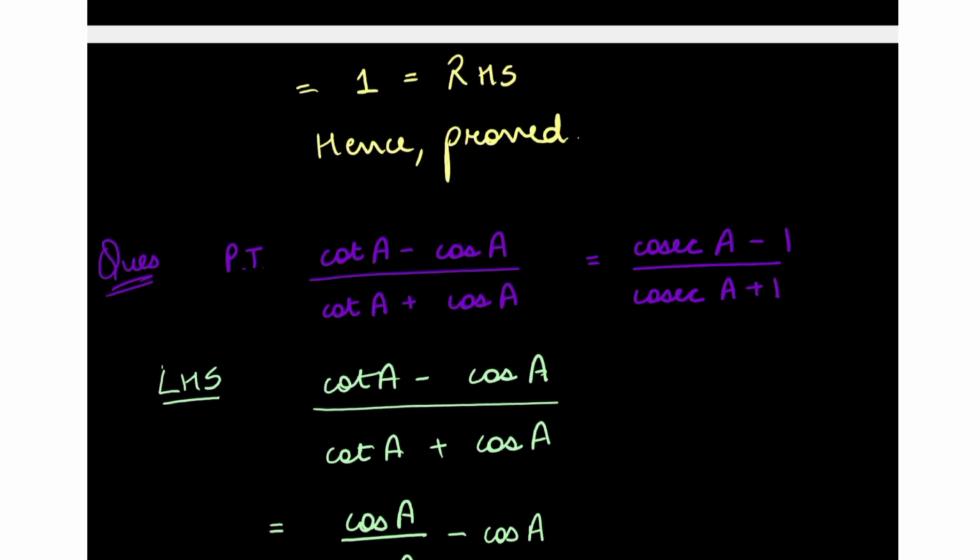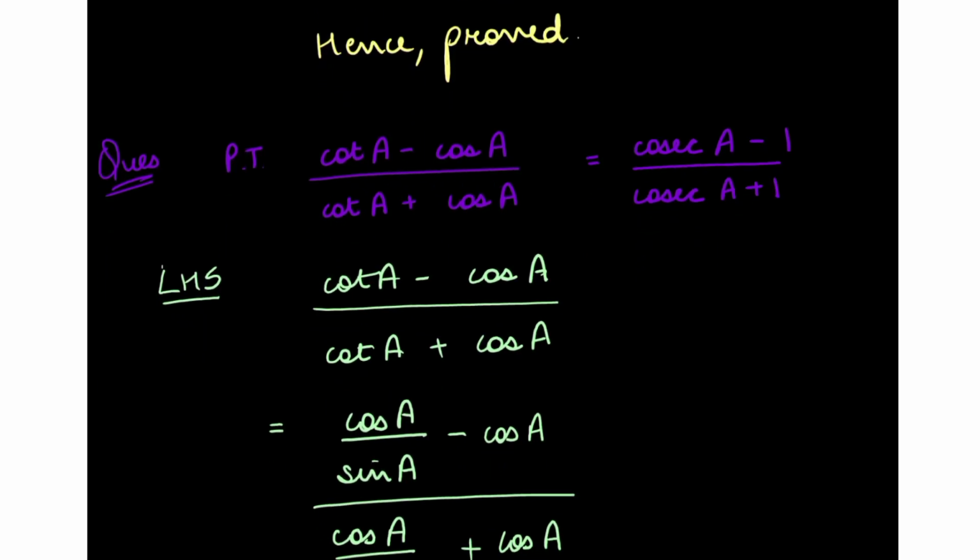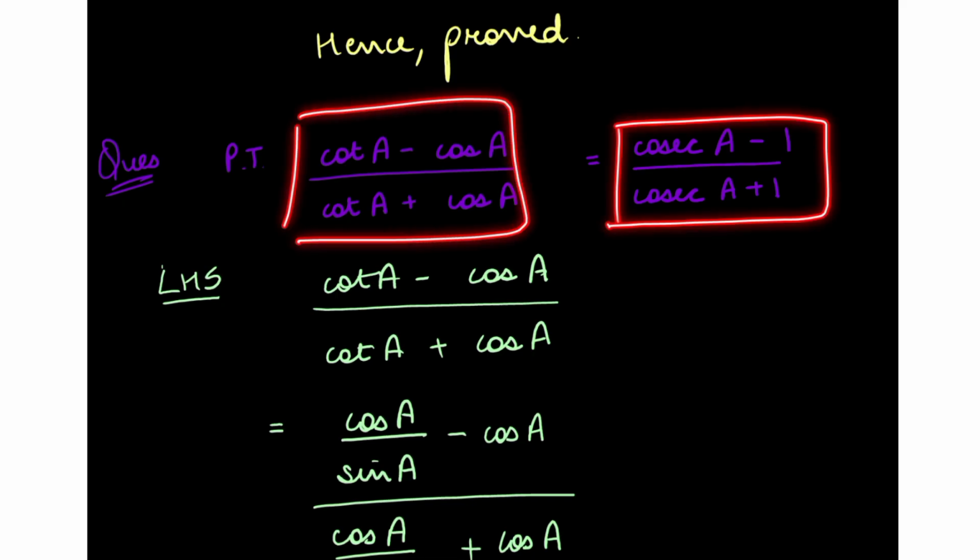Now second question is (cot A minus cos A) divided by (cot A plus cos A) equal to (cosecant A minus 1) upon (cosecant A plus 1). In this we can see that the right hand side also contains an expression and the left hand side also has an expression.